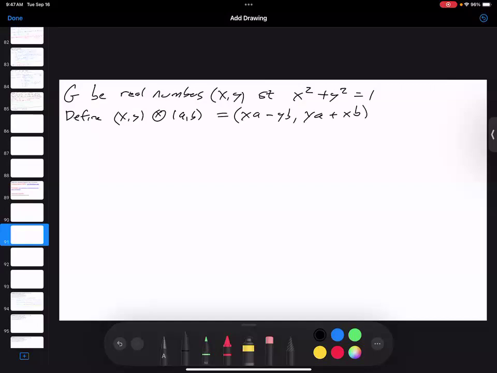Sure, why not? Or another way I could do it is (x1, y1) combined with (x2, y2) is going to be (x1 x2 minus y1 y2).